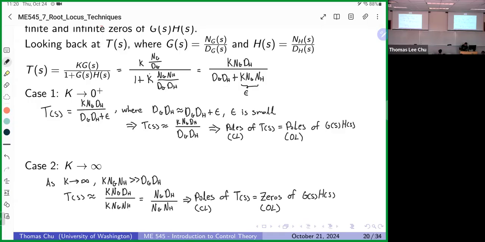Oh, yeah, I see what you mean. Well, if I were to write this out, let's write it out just to be safe. So it should be K NG DH divided by DG DH plus K NG NH.